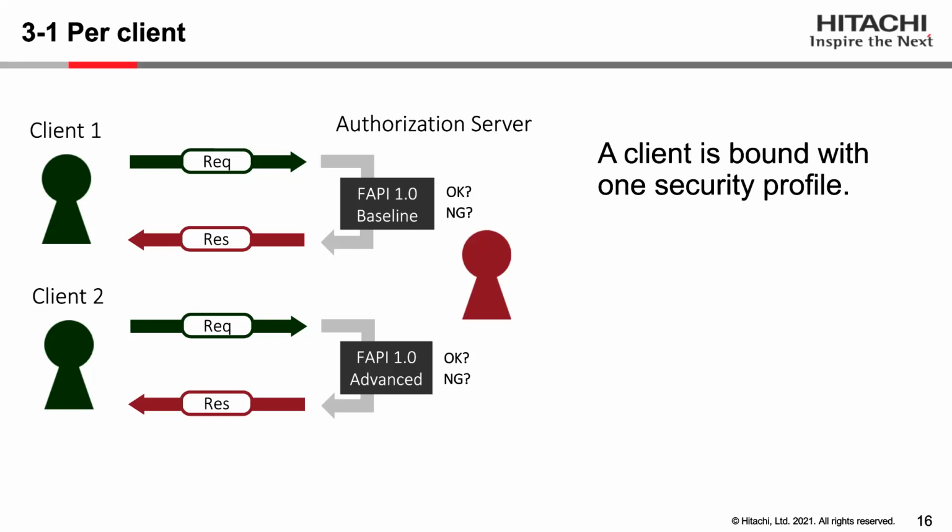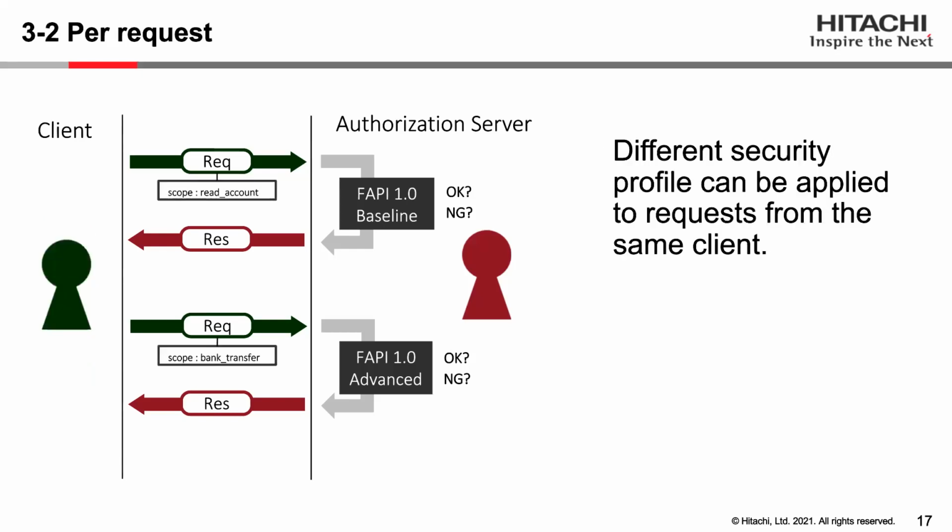Then applying the security profile per request means that the auth server changes the security profile that should be applied to the request from the client dynamically, based on the request context. Here, I would like to use an example. There is a client, and this client wants to access two types of API.